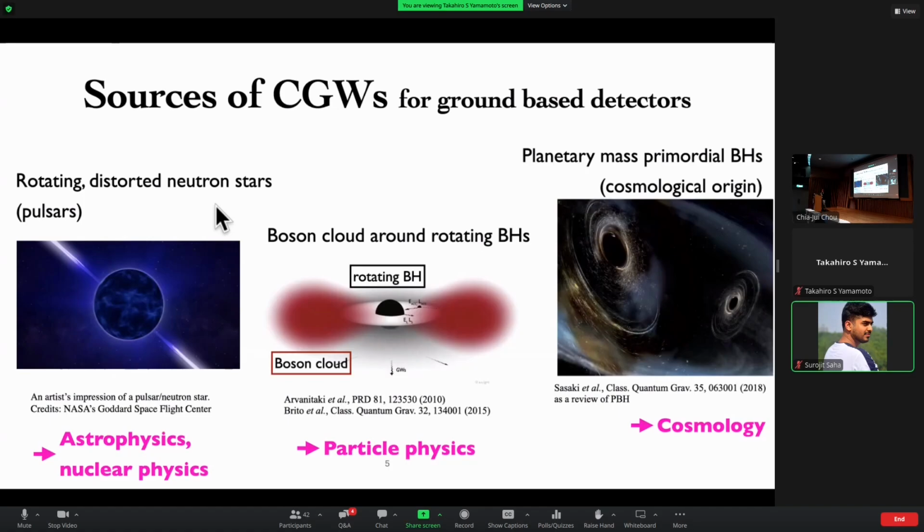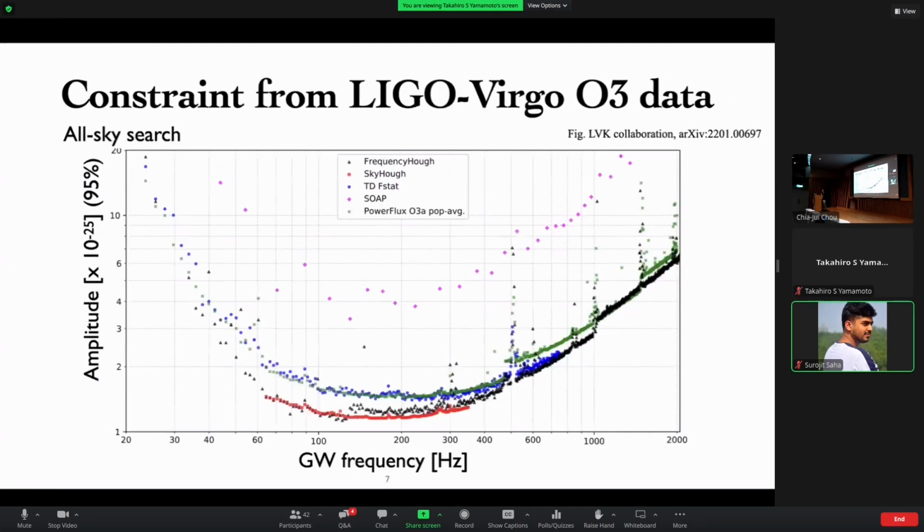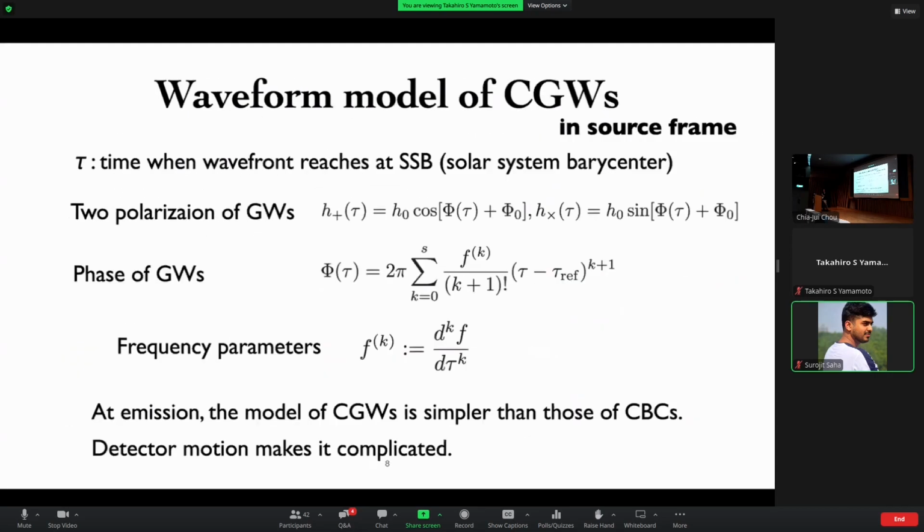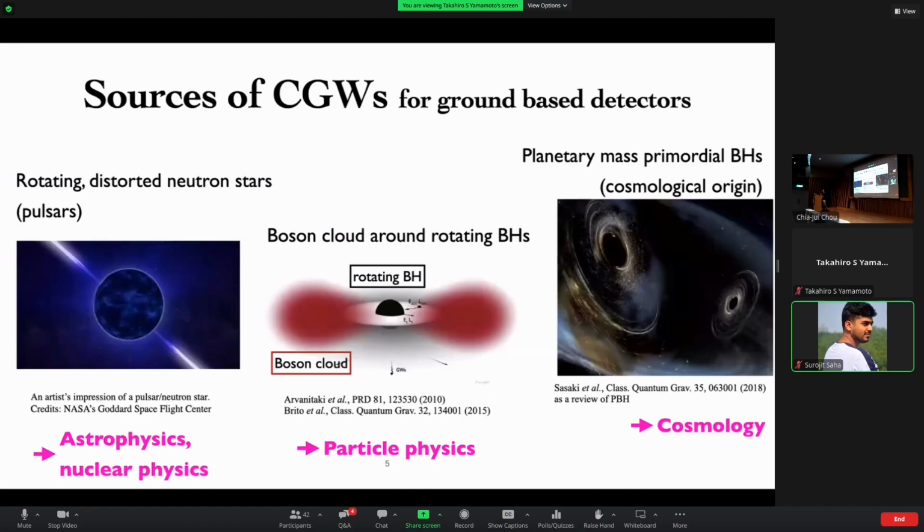My third question is that you mentioned that some noise might affect the search for the continuous wave, for example glitches and lines. I think all of these are related to the instrument. But here I want to ask about a real glitch of the pulsar, where the pulsar may suddenly change its spin period.